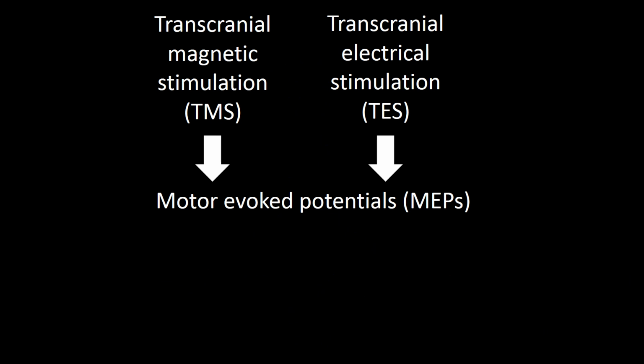Now I have come back to the frame that we used to start answering this question, when I told you that motor evoked potentials can be triggered by transcranial magnetic or electric stimulations. I have done so to tell you a few words about magnetic stimulation.